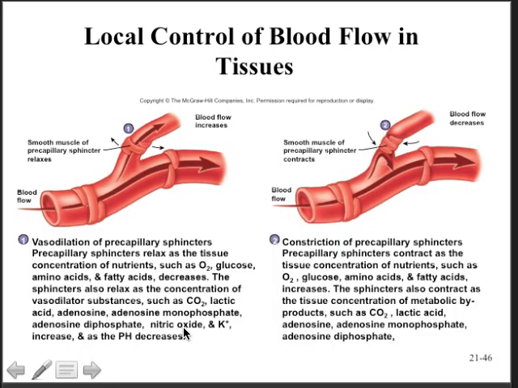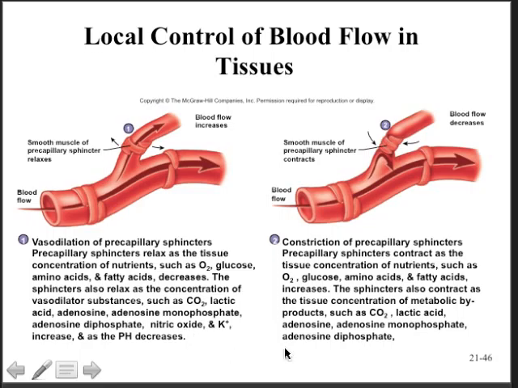The nitric oxide and the AMP and the ADP, those are a little bit more arcane. They tend to be active primarily in inflammation scenarios where we have an injury or an infection and we want to bring blood to the area in an effort to knock out the bad guys and eventually effect tissue repair.